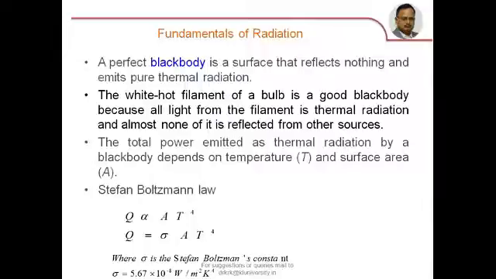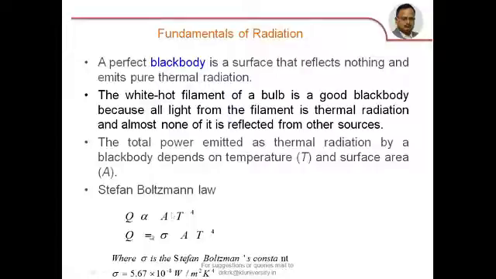When the temperature is greater than 0 Kelvin, there will be molecular motion, and then electrons will change their orbital levels. In the process of their change from one orbital level to another, they emit or release energy, and that energy which comes out from the body due to the motion of molecules by virtue of its temperature being greater than 0 Kelvin is known as radiation.